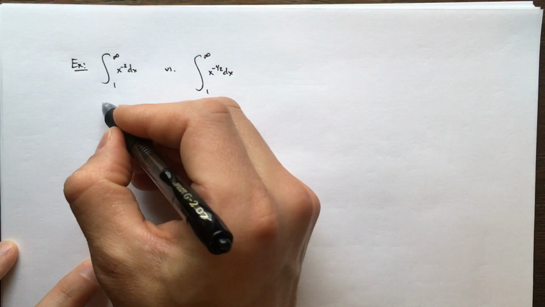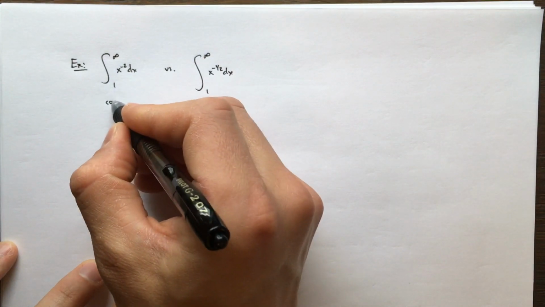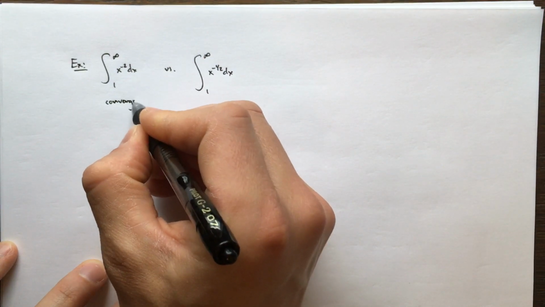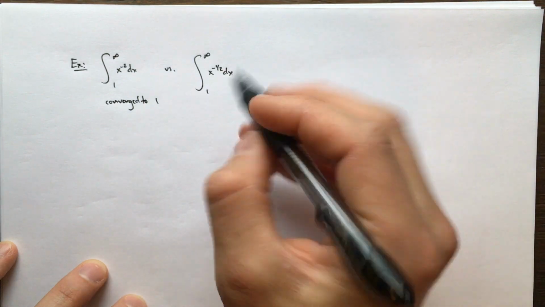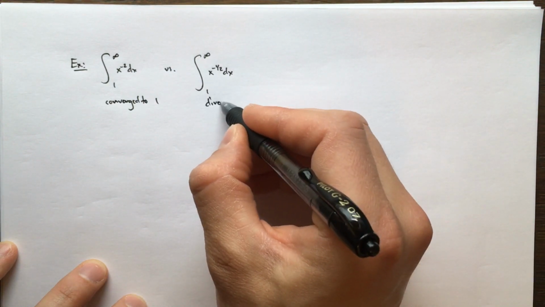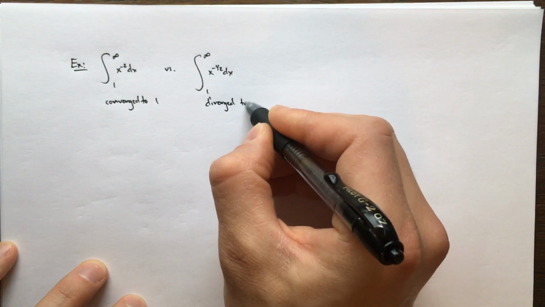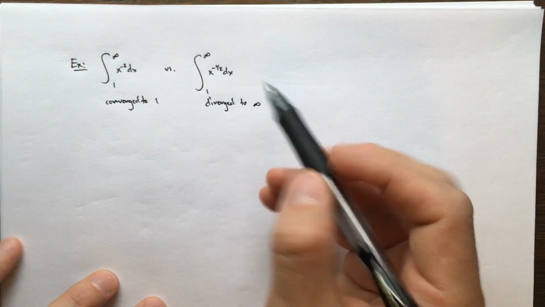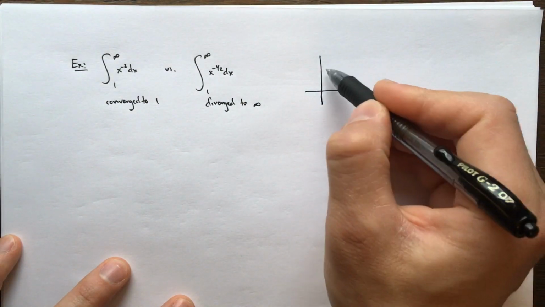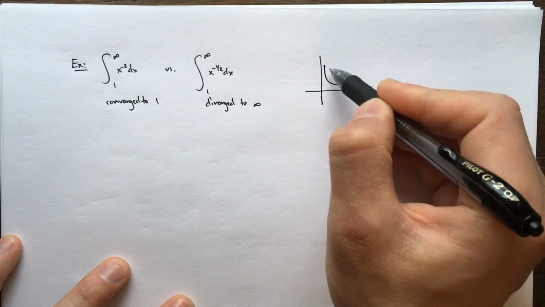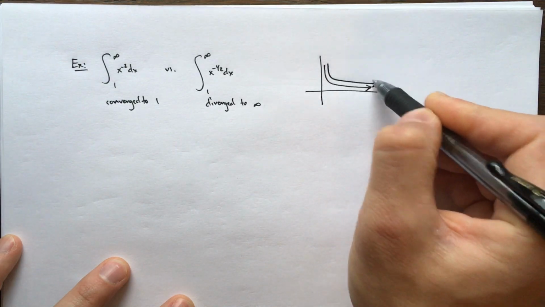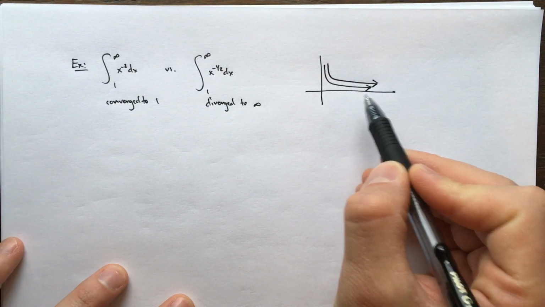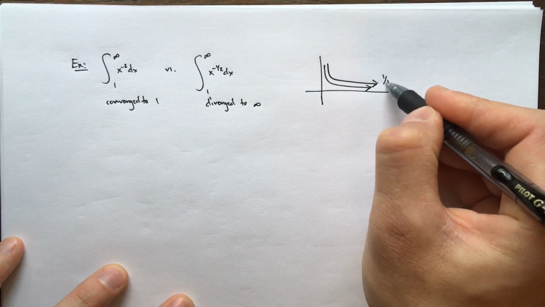And we saw that one of these converged to 1, and one of them diverged to infinity. In both cases, we're looking at 1 over x squared, which does this, and 1 over root x, which does this. So 1 over root x doesn't get to the axis fast enough.